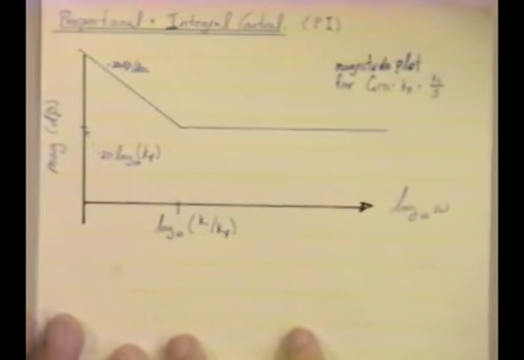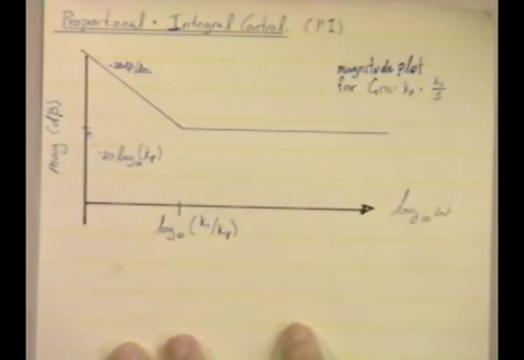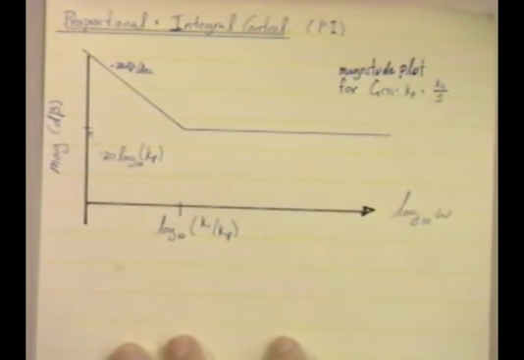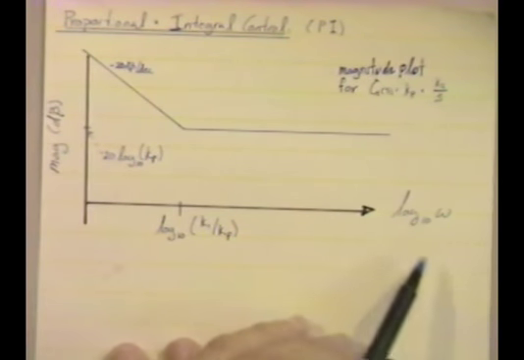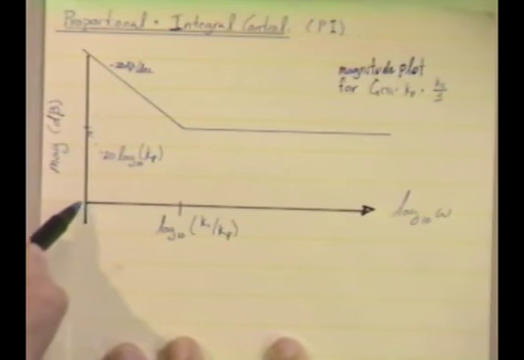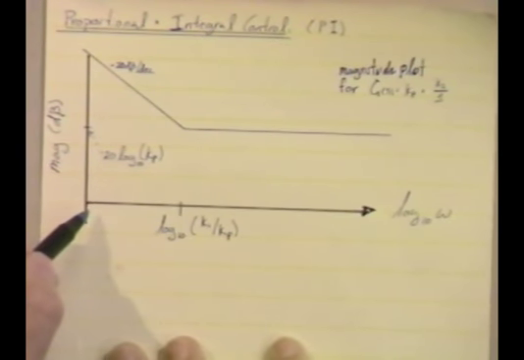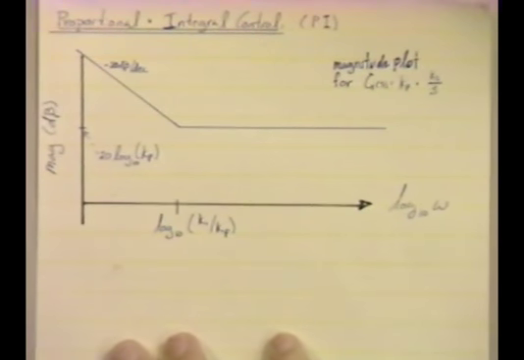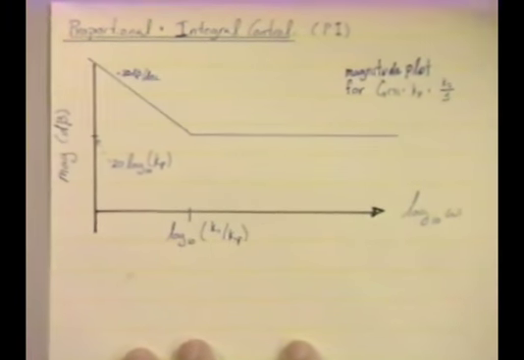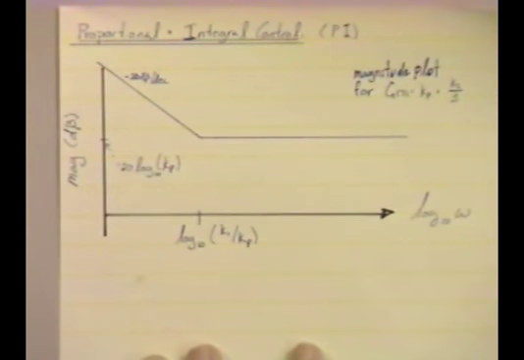So here's the catch. Here's the controller we've made. We've put a pole at the origin, right? So the effect of that is to give you an infinite gain at DC. Remember, on a logarithmic scale, this point never corresponds to 0 frequency. It may correspond to small frequency, but it's never 0. 0 is off at negative infinity in this scale.